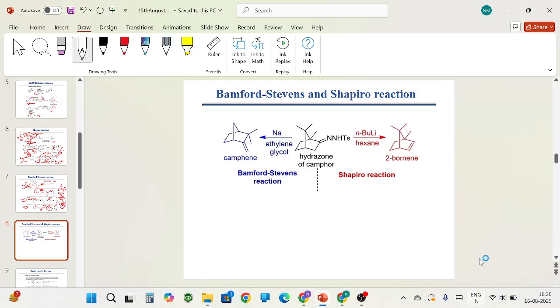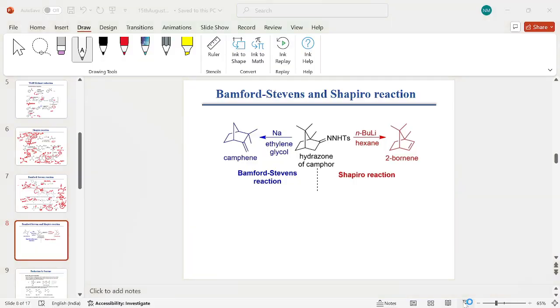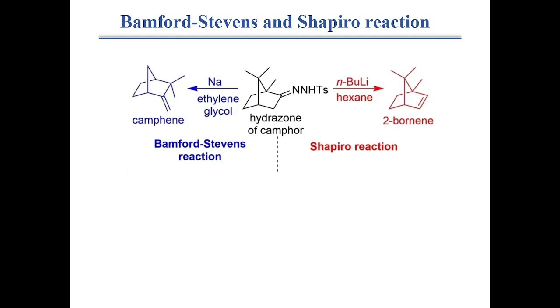Now we will discuss one example of Shapiro and Bamford-Stevens reactions. This is camphor, which has been prepared from this ketone under tosyl hydrazine, or in presence of a little bit of acid, catalytic amount.